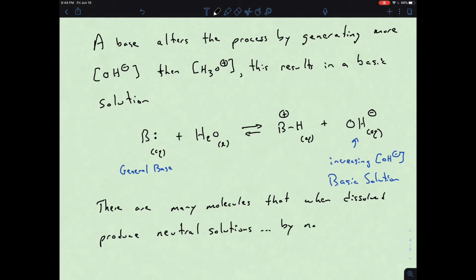And this is by not changing the hydronium ion or hydroxide anion concentrations.